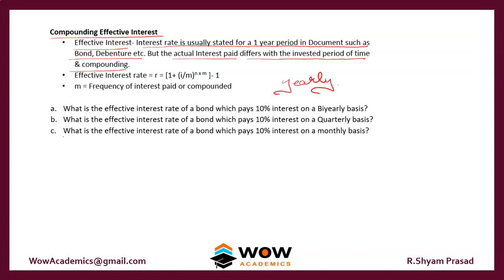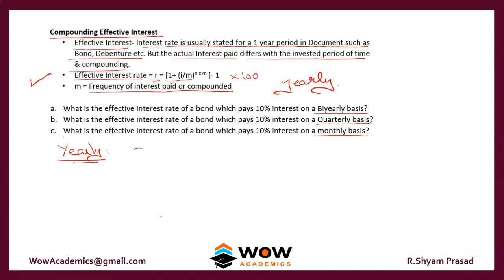Okay, once in a year interest gets paid, but what if interest gets paid 2 times in a year, bi-yearly, or 4 times in a year, quarterly, or 12 times in a year, monthly basis? If the interest is going to be paid on these kinds of time scales, then the effective interest will differ from the interest that is mentioned on the bond or debenture.